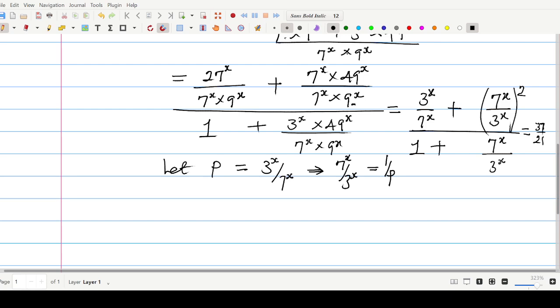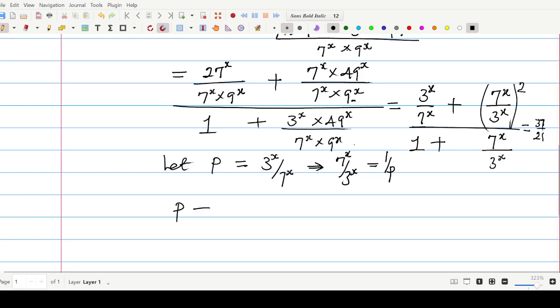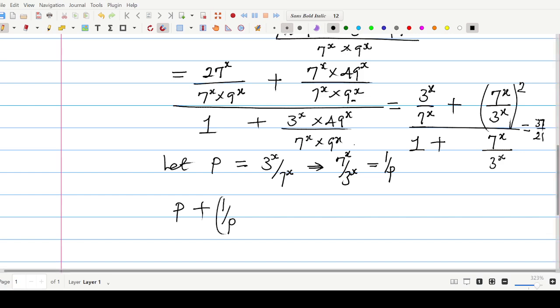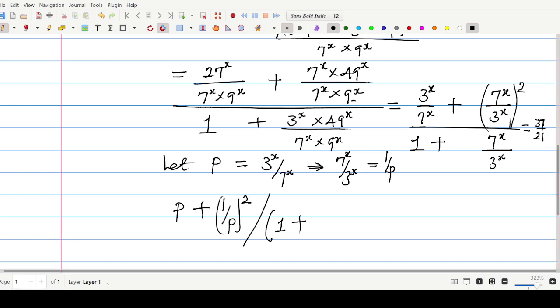Then in the place of 7 to the power of x over 3 to the power of x, we shall put 1 over p. So in so doing, we have a result as p plus 1 over p to the power 2, all divided by 1 plus 1 over p, and everything should be equal to 37 over 21. Can you see that?